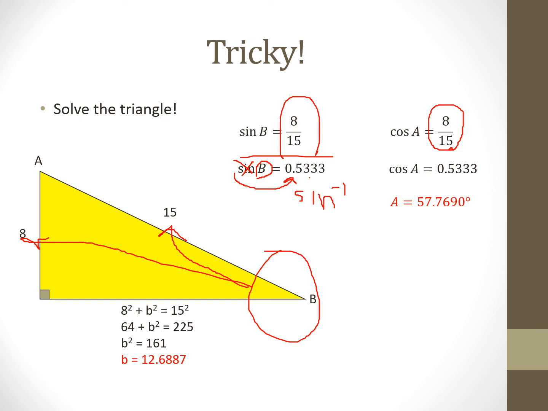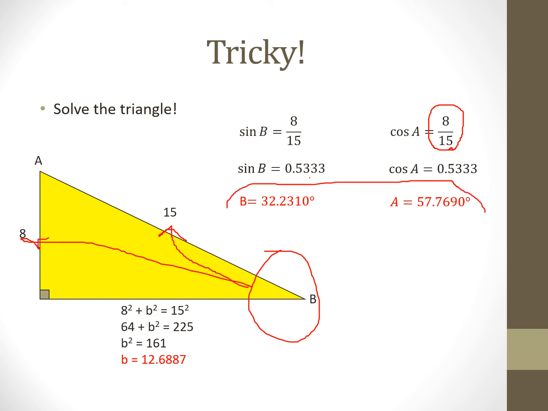If you punch it in correctly on your calculator, you should get about 32 degrees. And then you can always check yourself. These together with the 90 degrees should add up to 180, or very close. And if you are very, very close, then you should be good.